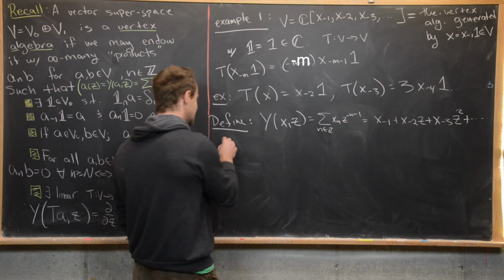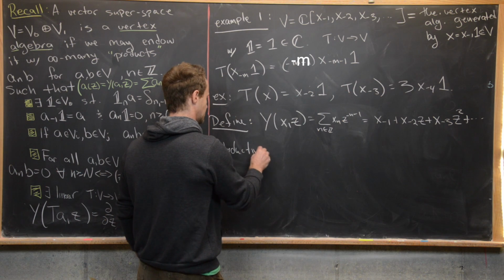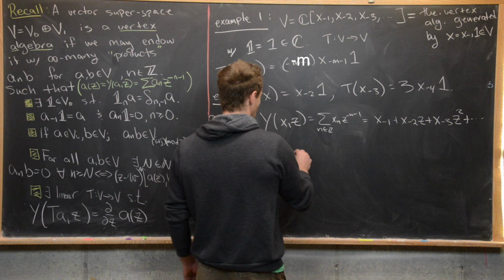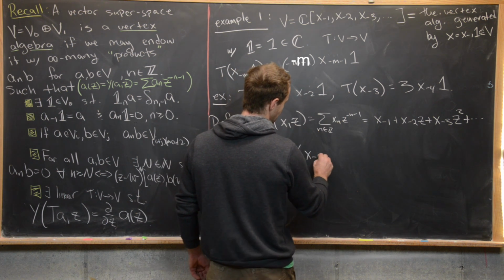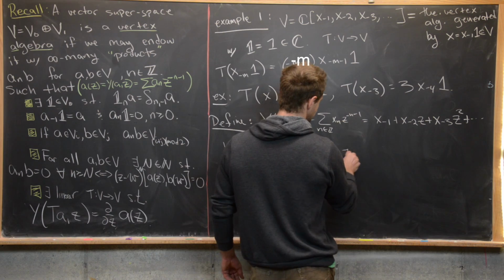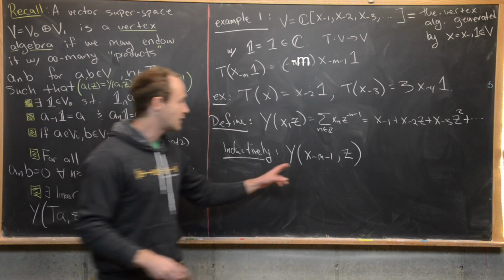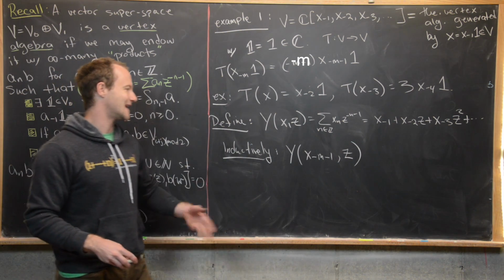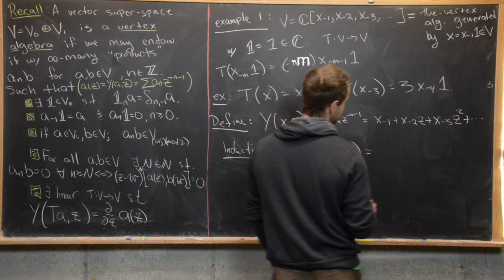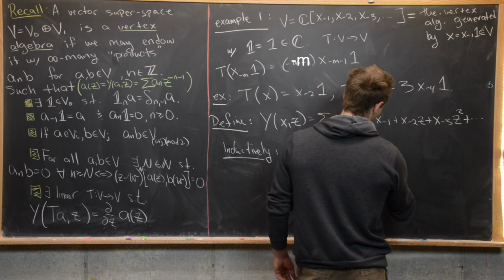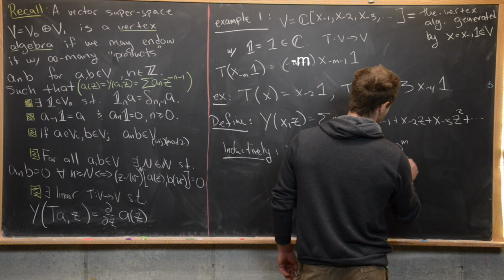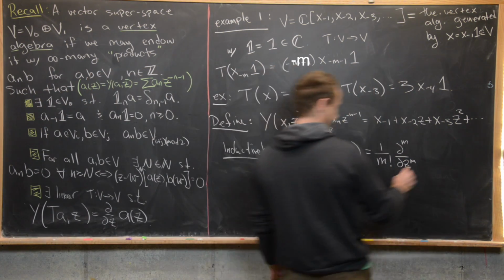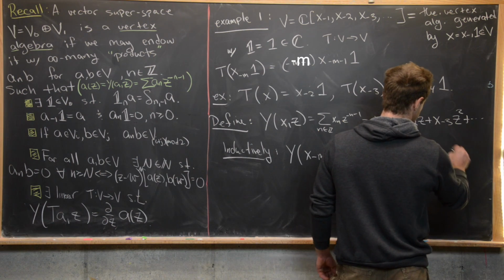And then next, inductively, we can define the following. So we'll define Y of x_{-m-1}, z to be equal to something that's like the mth derivative of this, but it's not exactly the mth derivative of this. So it's going to be 1 over m factorial, and then the mth derivative with respect to our formal variable z of Y(x,z).